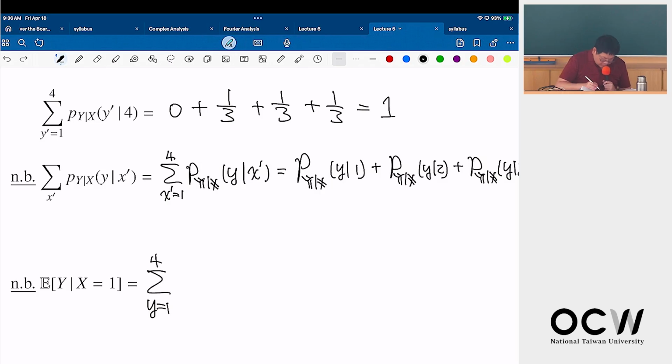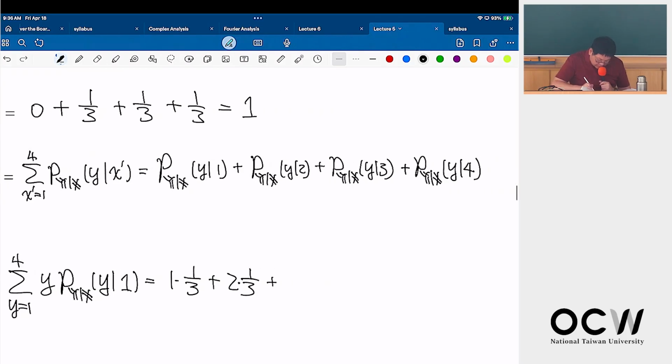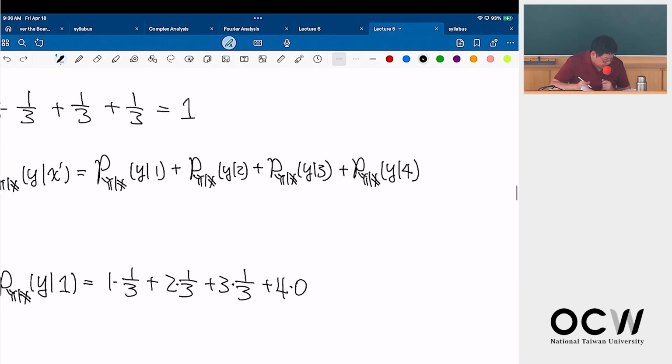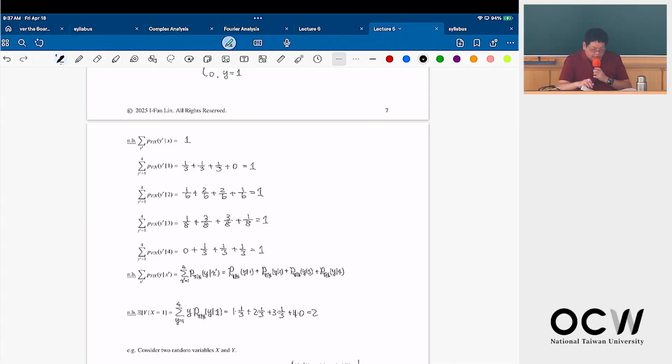The associated weighting is the conditional PMF of y given x equals 1. So you have 1 times 1/3, and 2 times 1/3, 3 times 1/3, and 4 times 0, you get 2.